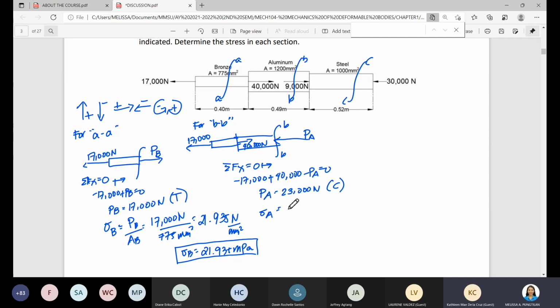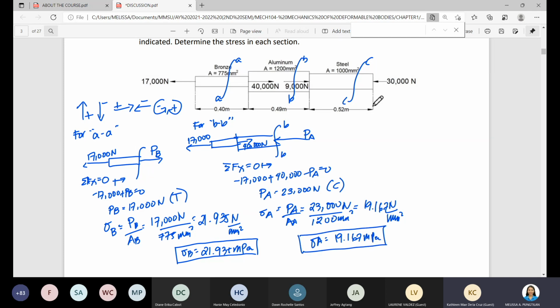Therefore, the stress is equal to PA all over AA. So we have 23,000. Area natin is 1,200 square millimeter. So this is equal to 19.167 Newton per square millimeter or 19.167 megapascal.